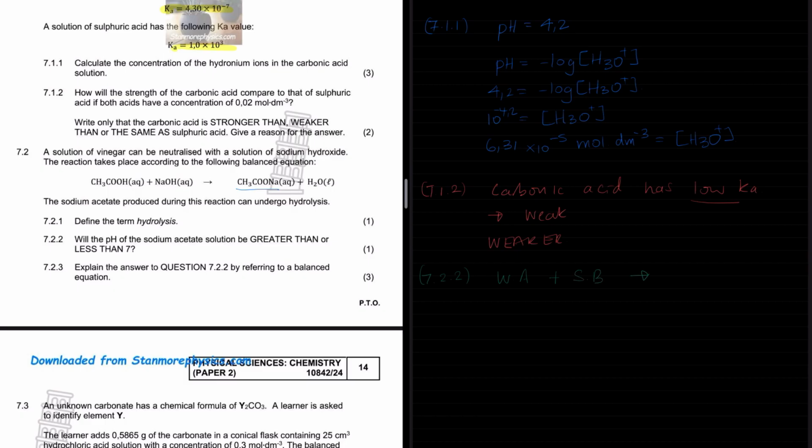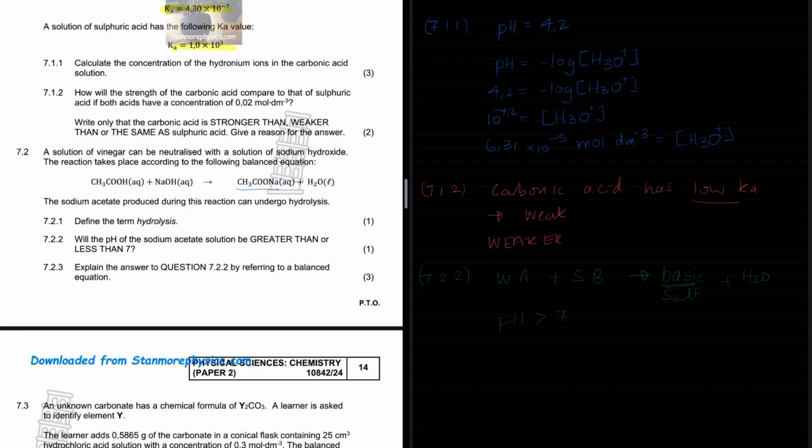And if we have a weak acid plus a strong base, then this is going to give us a basic salt plus water. So the solution of sodium acetate will have a pH that is going to be greater than 7, since it's going to be a basic salt.